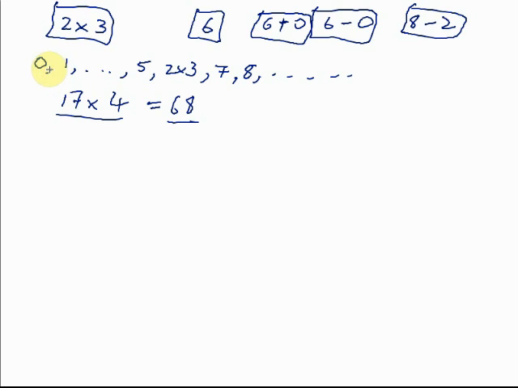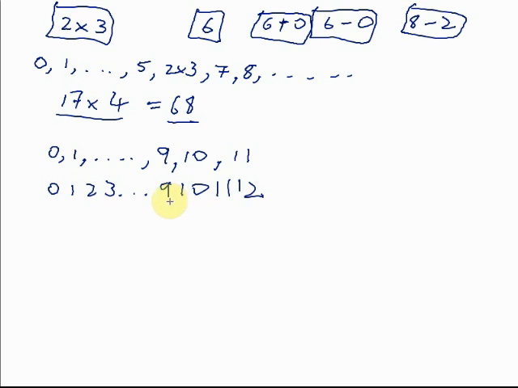Now, I said I'd explain why I insert commas when I'm writing out the natural numbers like this, because here's the reason. I put 0 and then I put 1, I add 1 and then I go on, and then I get to number 9, and then I get to number 10 and 11. Well, if there weren't commas there, if I just wrote 0, 1, 2, 3, and so on, 9, 10, 11, 12, there's no way of telling.